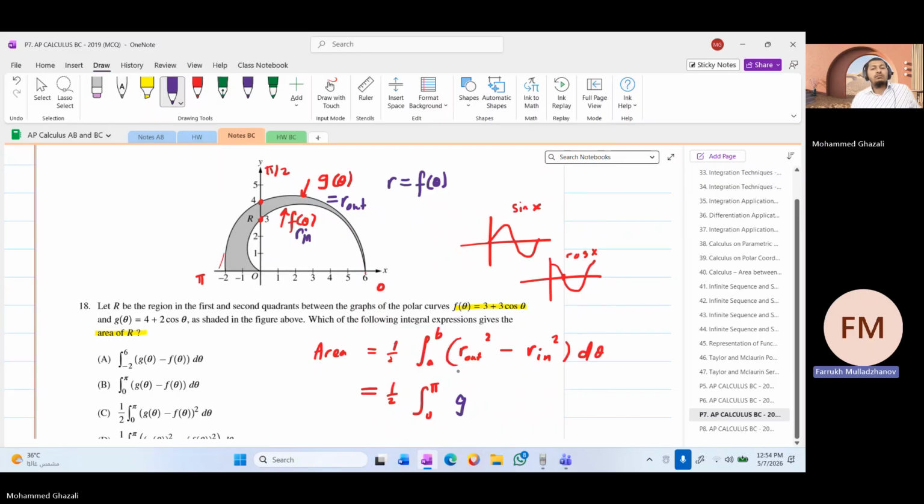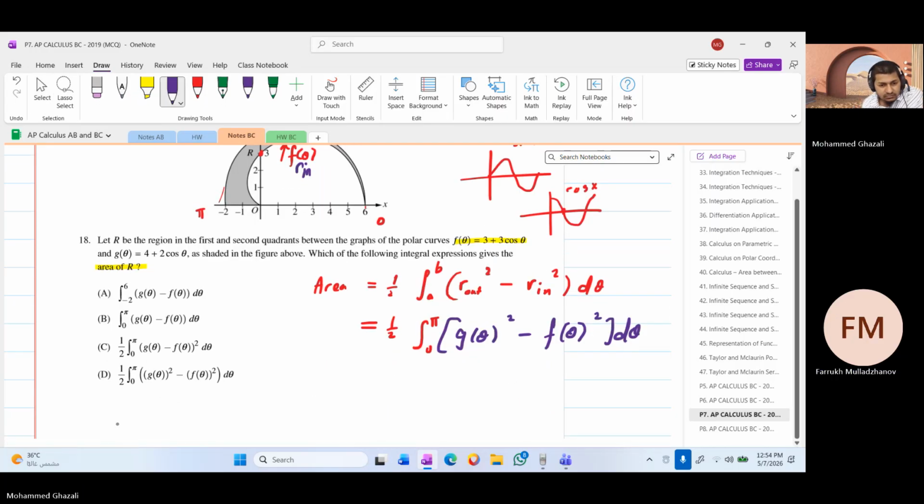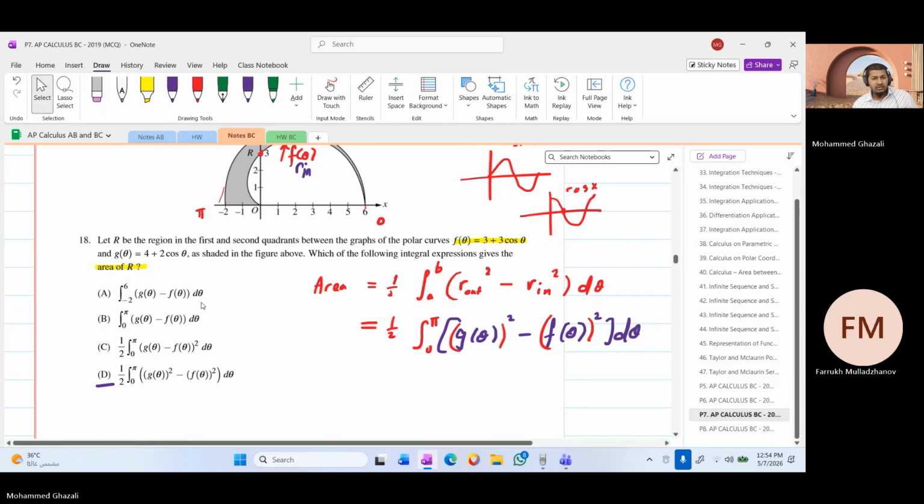It has to be outer minus inner, because if I flip the graph, you're going to get it wrong. So it's g theta squared minus f theta squared. So where's your answer? It's only D. I wrote this incorrectly; suppose you have another bracket here. Make sure you write properly. So great, D.